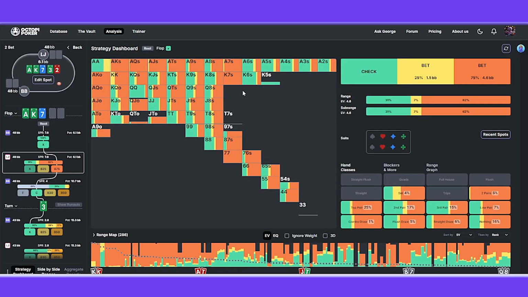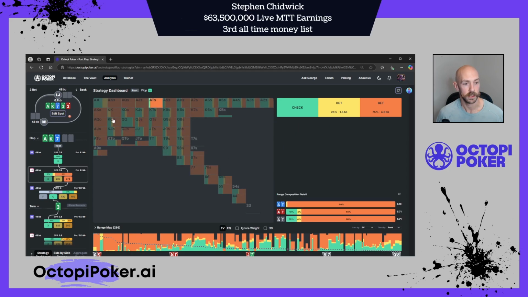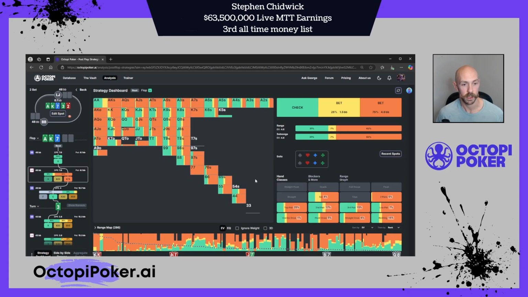A lot of people play this spot, I see, as just a pure range c-bet for a small size. So you might think, what can I learn from this? Knowing that this is the way that captures the most EV theoretically is going to allow you to play the hand with more knowledge and know that you can be exploiting them.